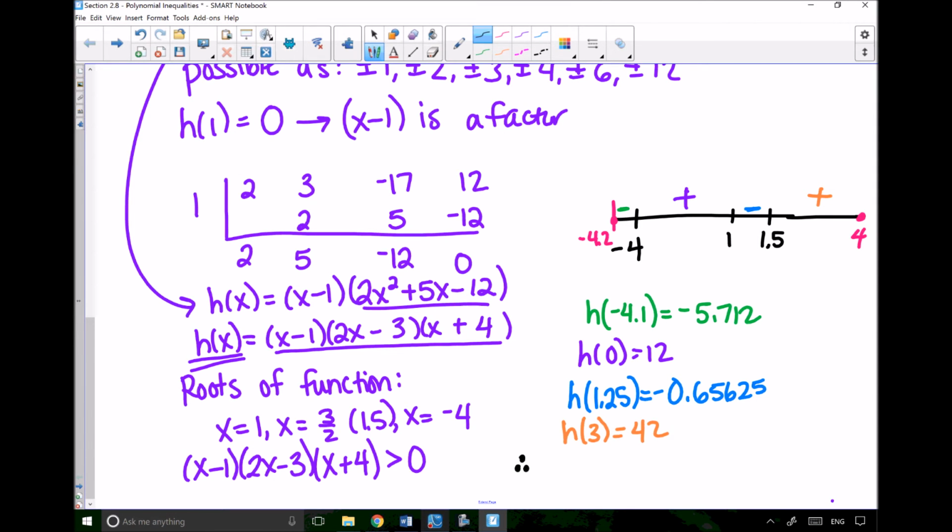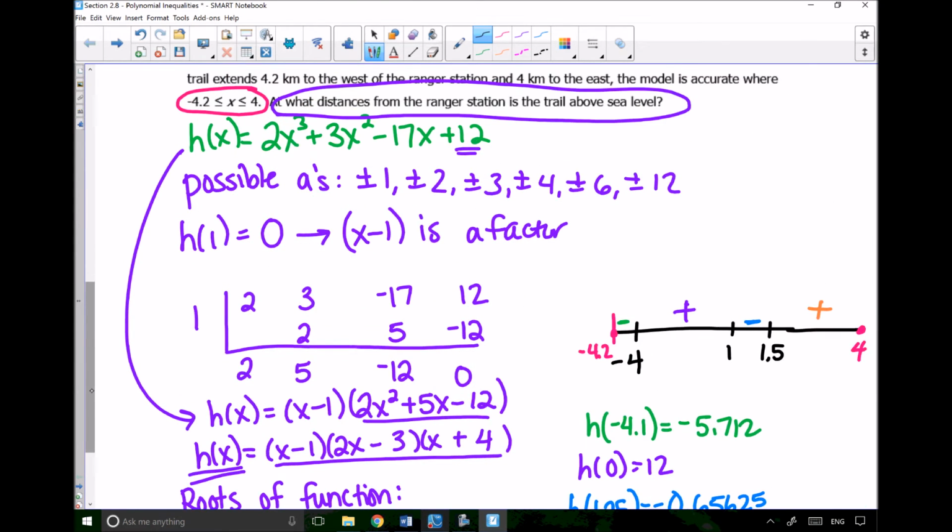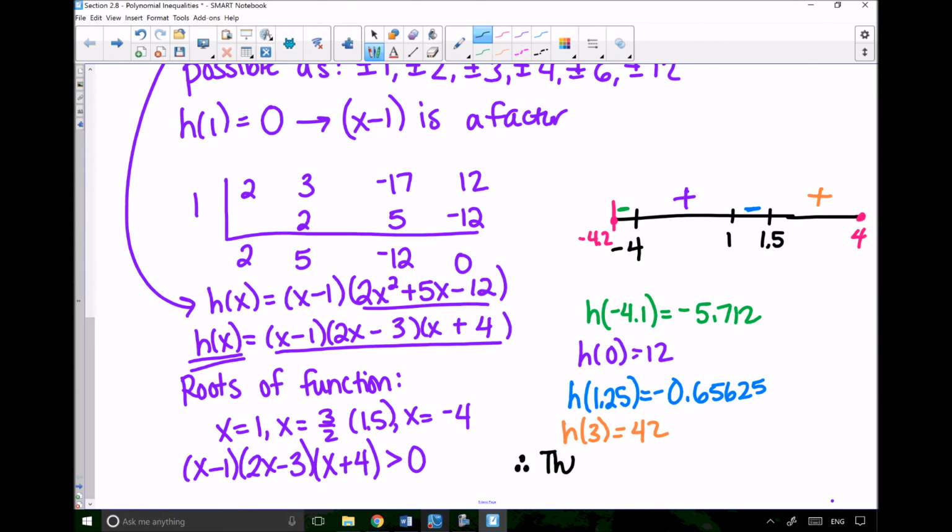Therefore, we can conclude that the elevation of the trail is above sea level for x between negative 4 and 1.